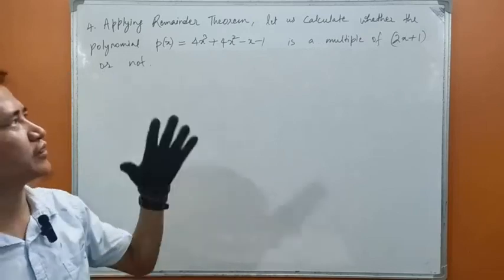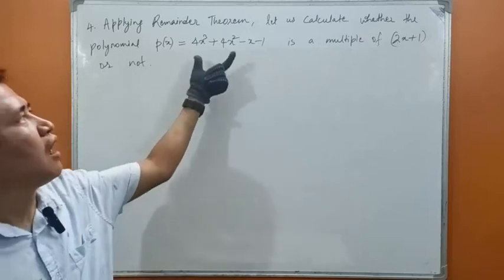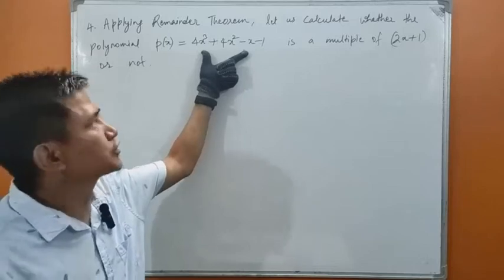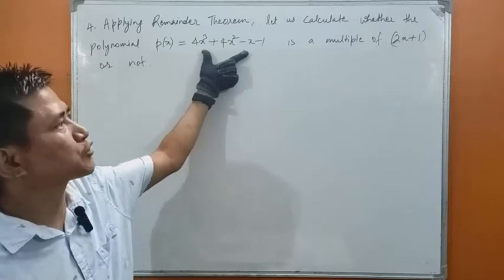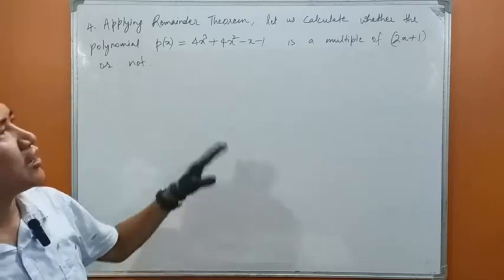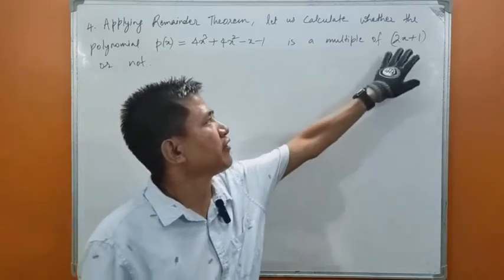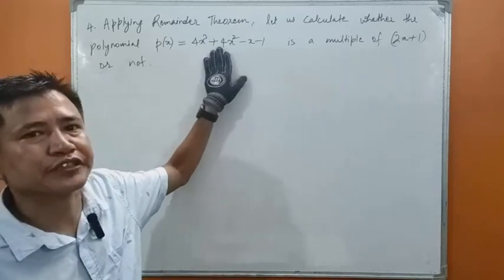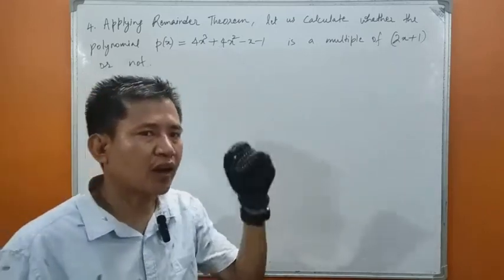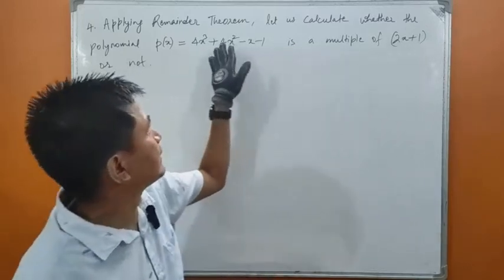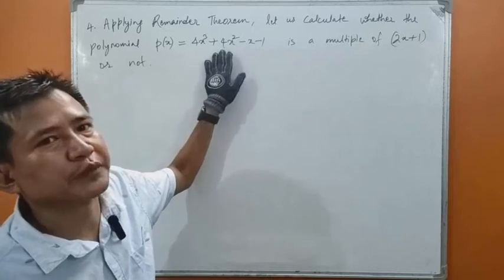What the question says is, we are given this polynomial 4x cubed plus 4x squared minus x minus 1, and we are asked to verify whether 2x plus 1 is a multiple of this expression or not.